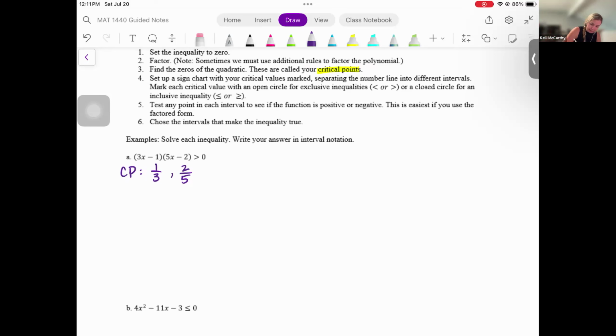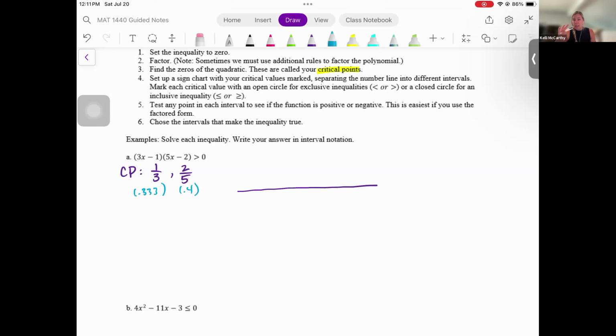So now I'm going to set up my sign chart, marking my critical points. Now, 1/3 and 2/5, it might end up helping you to look at a decimal of that. So 1/3 is approximately 0.333, and then 2/5 is 0.4.